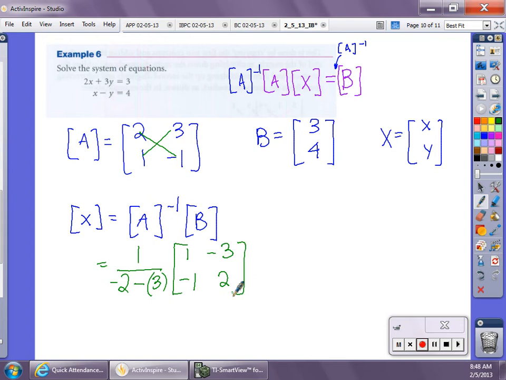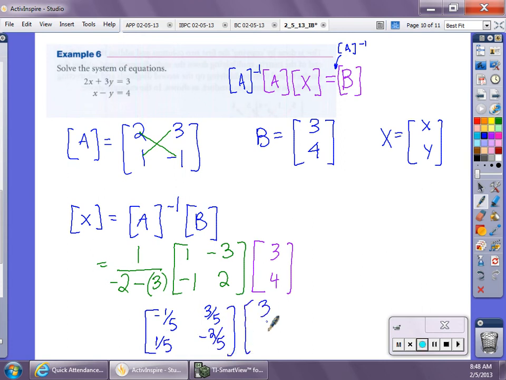So there's that piece, and then I'm going to just put in my B matrix over here, 3, 4. The ones that I'm physically going to be multiplying, and that says negative 1/5, so negative 1/5, positive 3/5, positive 1/5, and then negative 2/5. Hopefully I did that right. Multiply by 3/4.